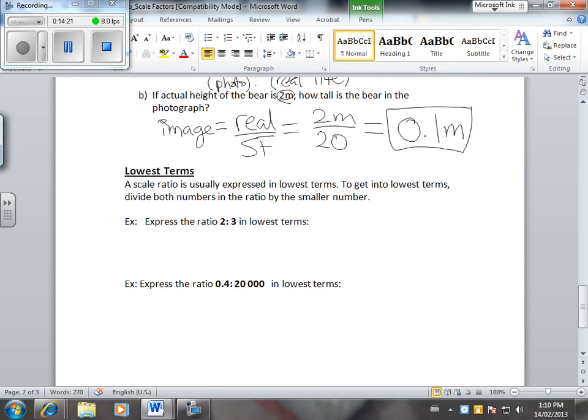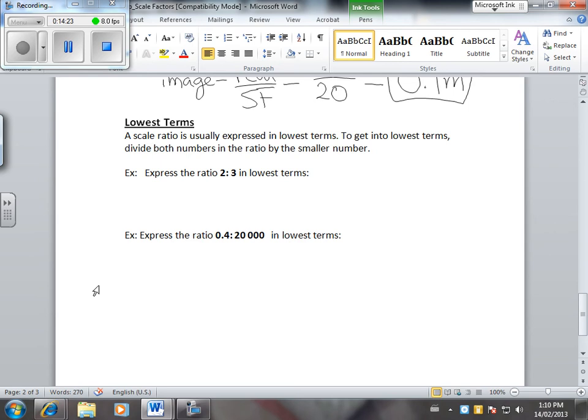And then for lowest terms, a scale ratio is usually expressed in lowest terms. To get into lowest terms, divide both numbers in the ratio by the smaller number. So if we look at 2 to 3, let's see if this is in lowest terms. If you already think it is, that's fine. If you think it's not, we'll prove it.